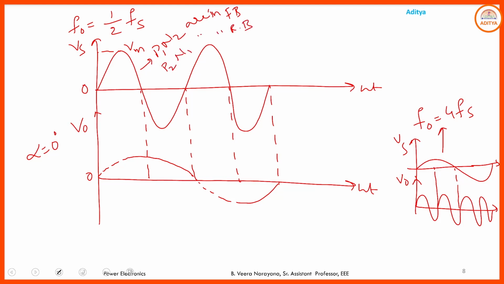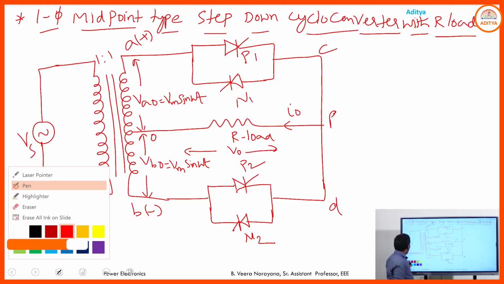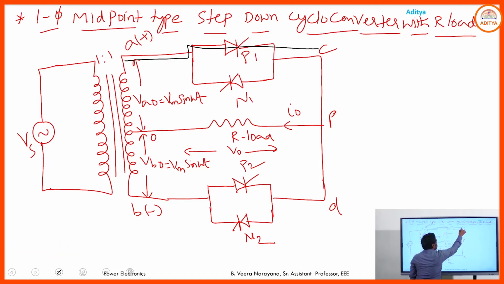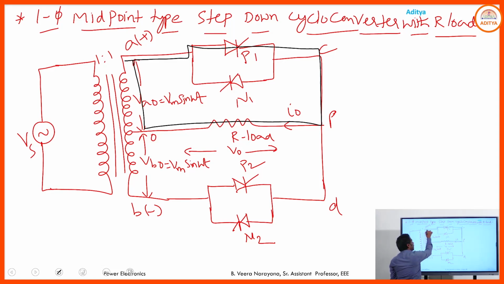Here I am taking alpha equal to 0. At omega t equals 0, we provide the gate pulse to P1. Then P1 comes to the on state and the output current flows through the circuit through A plus, P1, C, P, R, O minus.